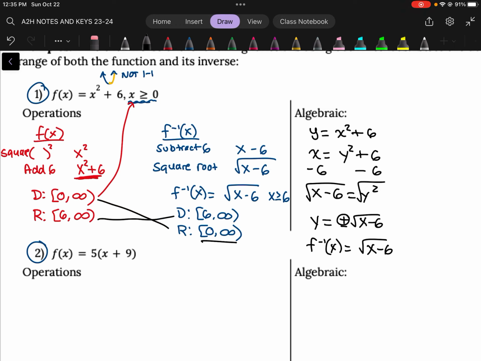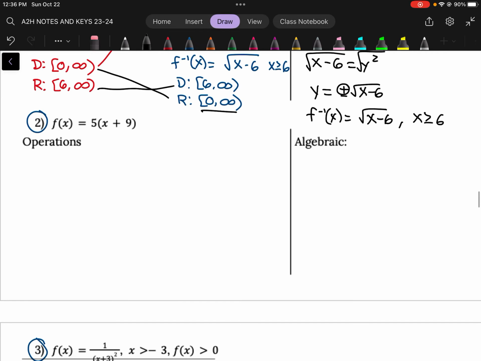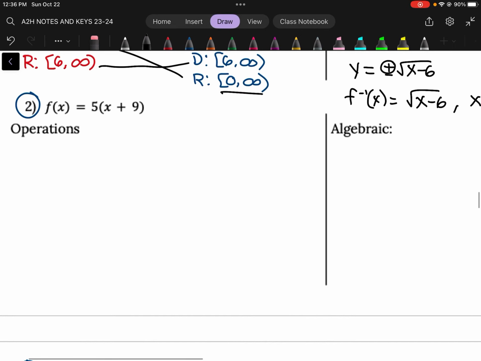And again, it's that buy one, get one free relationship that we can use for that as well. Okay. So I would state x has to be greater than or equal to 6 as the restriction there. But that's also implied as we go.